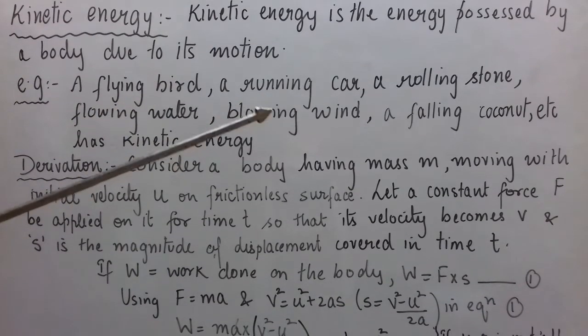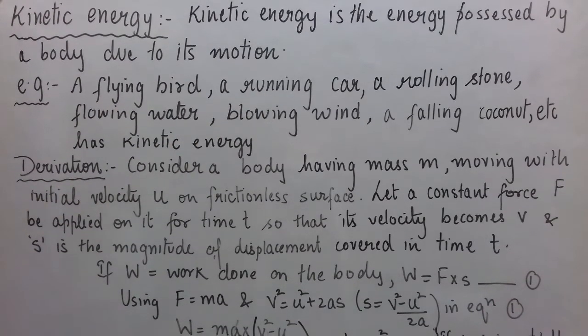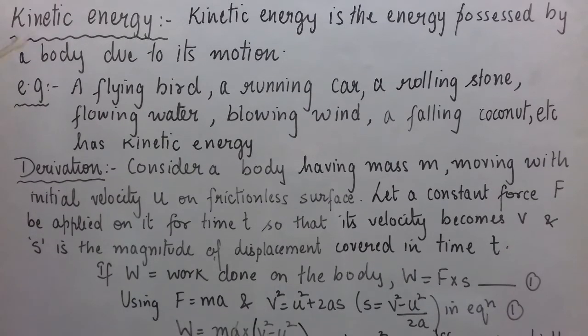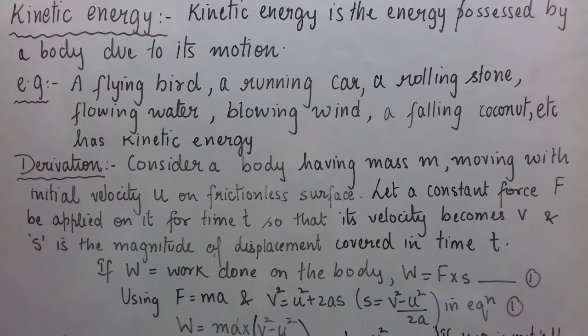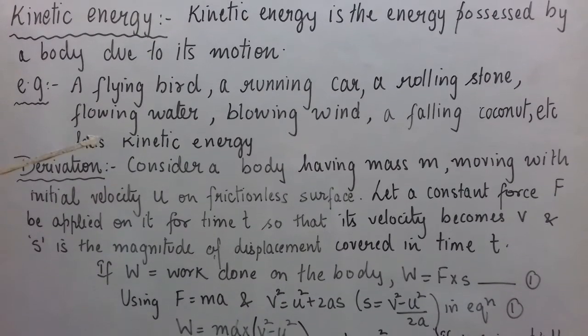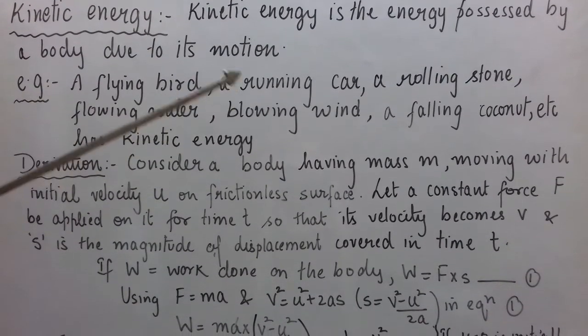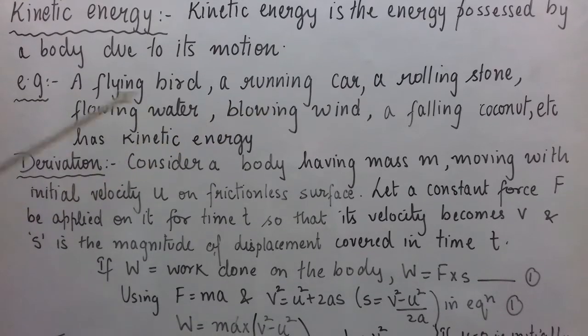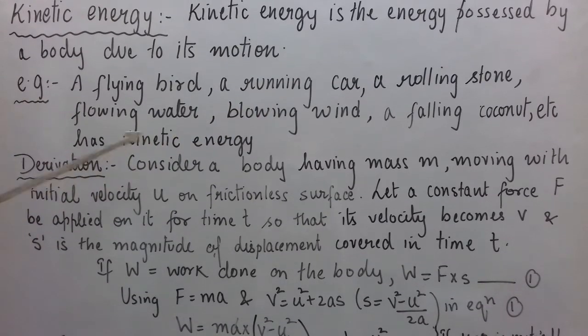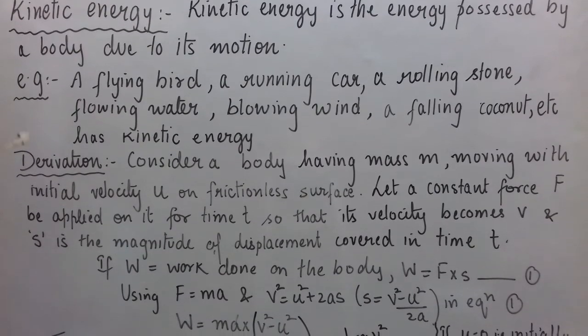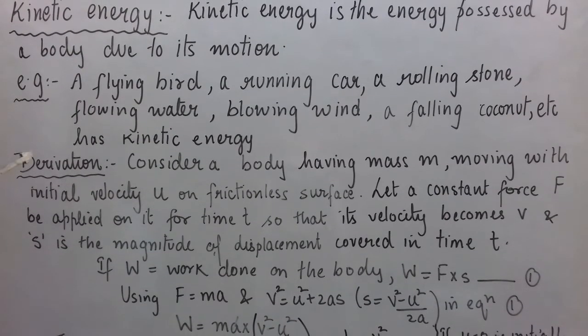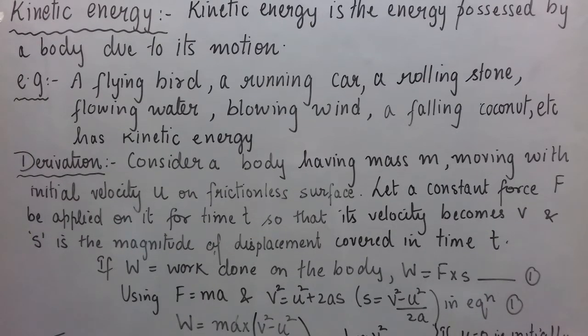A rolling stone which is rolling on the ground has only kinetic energy. But if the same stone is rolling from some height, or along the surface of a mountain, let us say, then it has both kinetic and potential energy. We'll see it later on. Similarly, we can talk about other moving objects also. So when the moving objects are on the ground, then they have only kinetic energy.